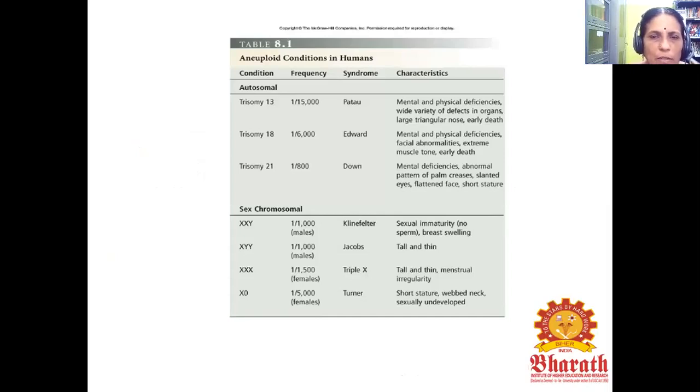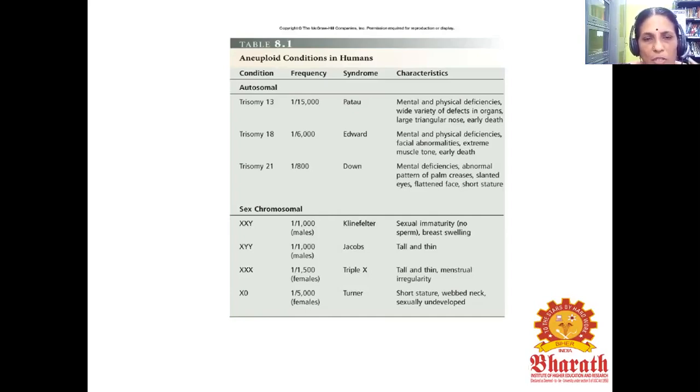It produces Edwards syndrome, with characteristics of mental and physical deficiency, facial abnormalities, extreme muscle tone, and early death. In the case of trisomy 21, the frequency is 1 in 800, producing Down syndrome, with characteristics of mental deficiency, abnormal pattern of palm creases, slanted eyes, flattened face, and short stature.